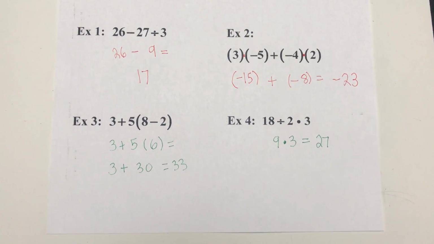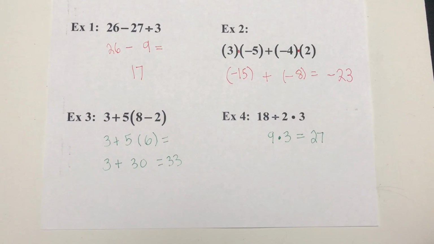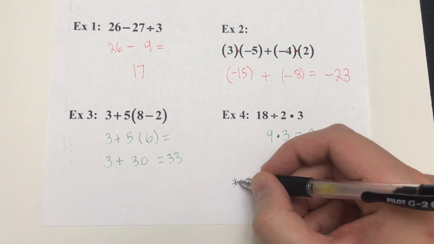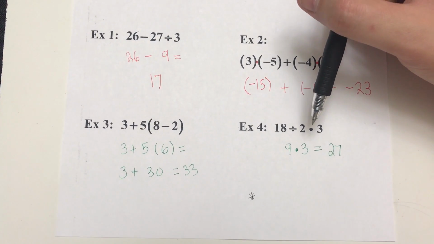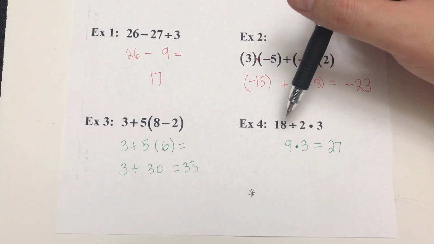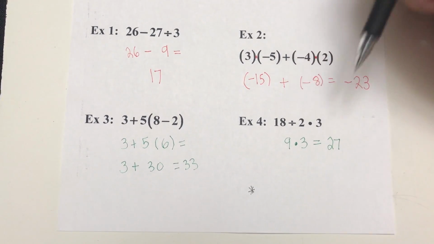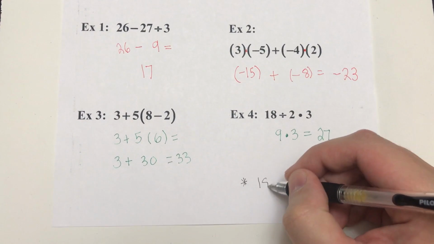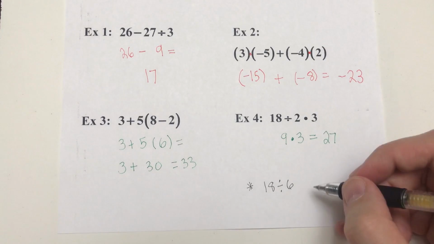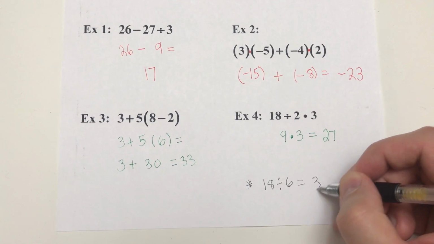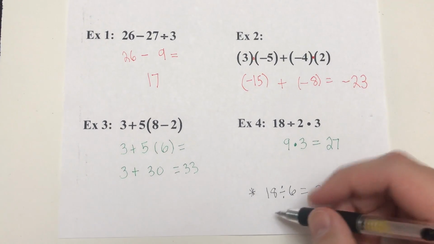Now here I'm going to show you the incorrect way of solving this problem. When students do this incorrectly, if they do the multiplication before the division, then they will multiply 2 times 3 and get 18 divided by 6. 18 divided by 6 is 3, but this is incorrect.